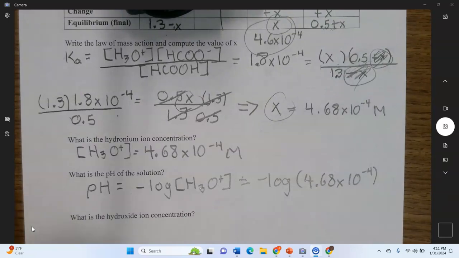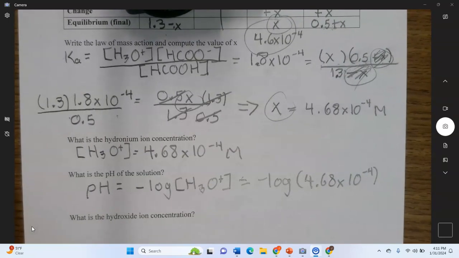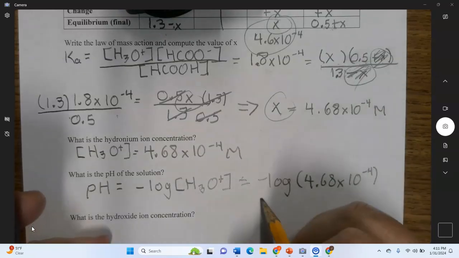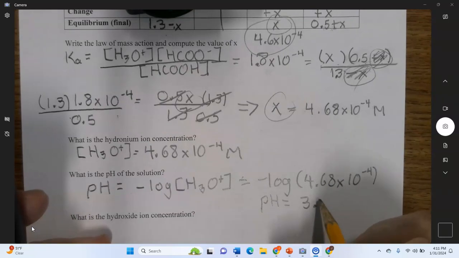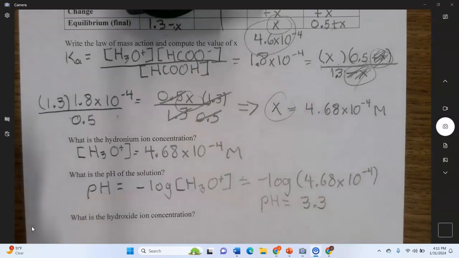Negative log, 4.68 times 10 caret negative 4, close the parenthesis, and I get 3.3. Okay, that's that.